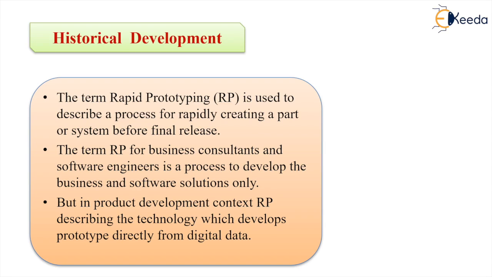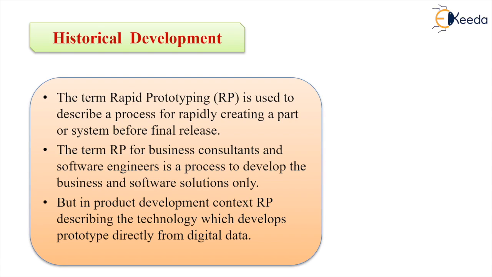So the machines by which we are producing these prototypes are no more only producing the prototypes, but we are producing the final parts from these machines also. So it is not possible to call these machines, or the process, or label the parts which are produced by these machines, as a prototype.